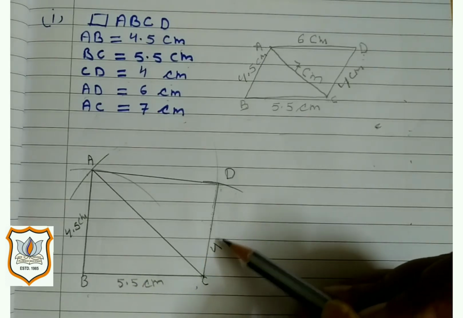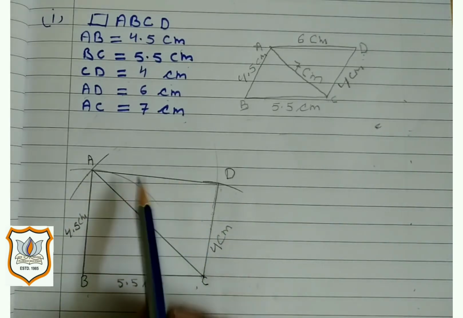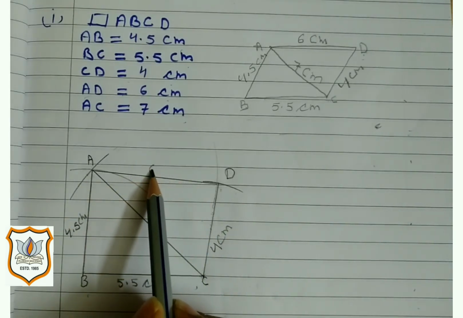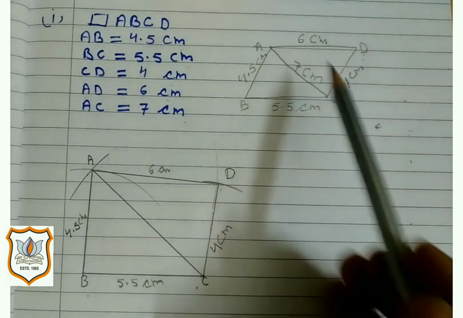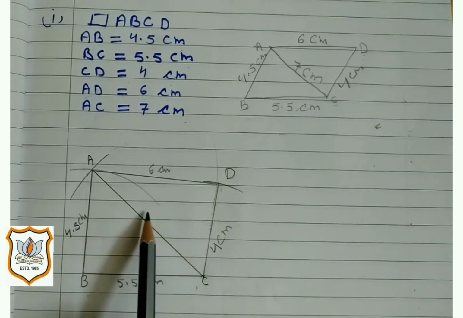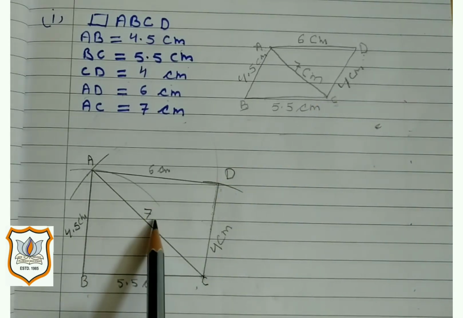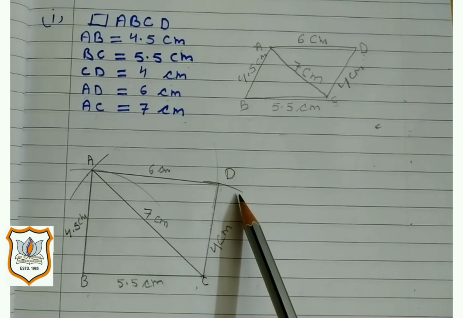So we write 4 centimeter here and AD is 6 centimeter. So we write 6 centimeter here. And AC is the diagonal and AC is 7 centimeter. So we write 7 centimeter here. This is quadrilateral ABCD.